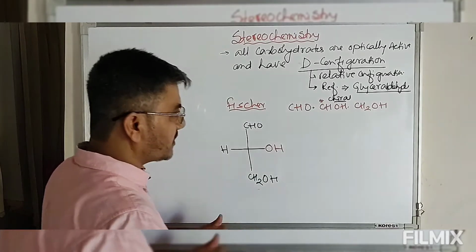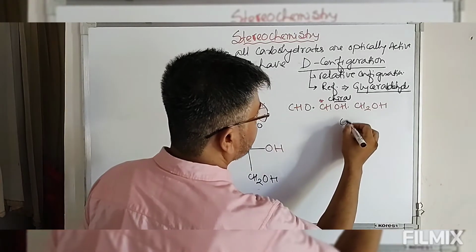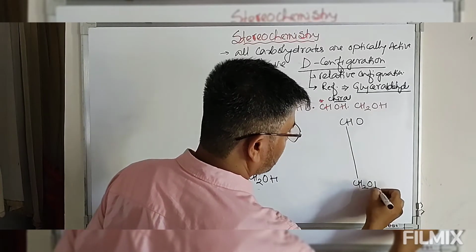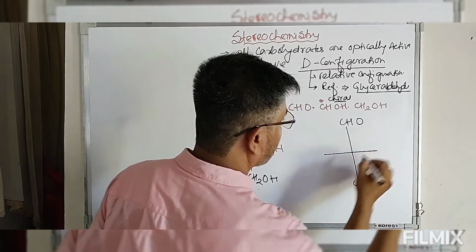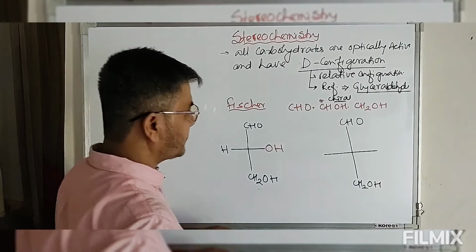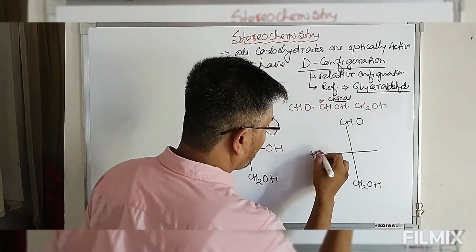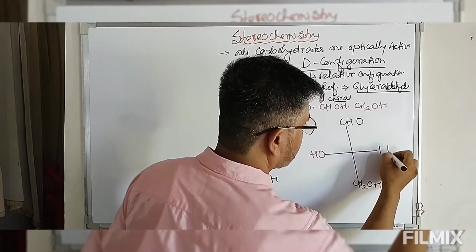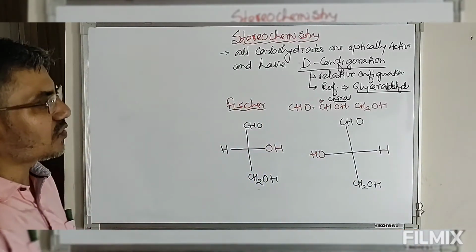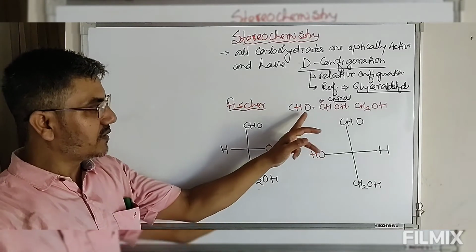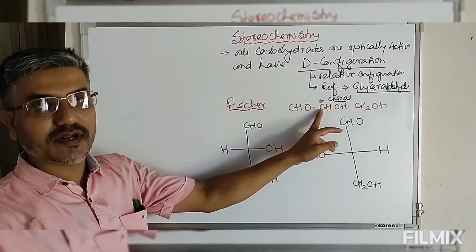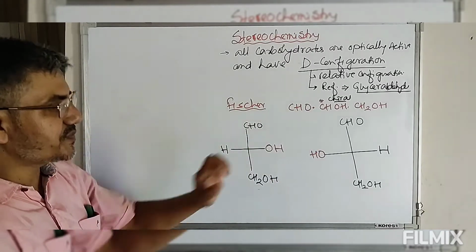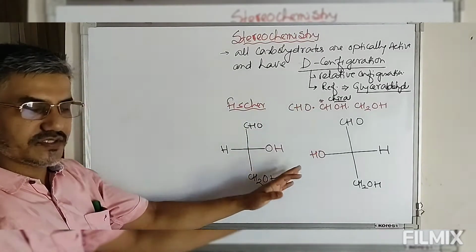The other possibility is, look at this, CHO, CH2OH, OH, and this is hydrogen. So these are the two possible configurations for this compound glyceraldehyde. Now we have one chiral center, so the placement of groups at this chiral center can be done this way.